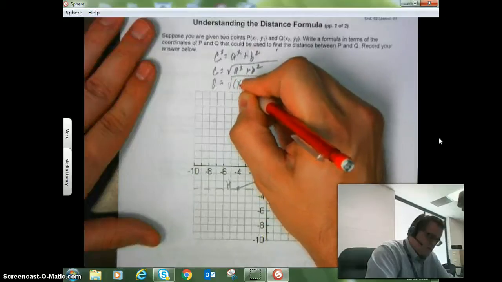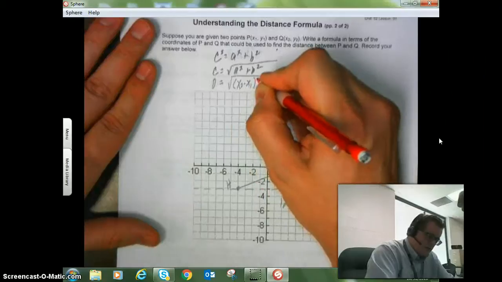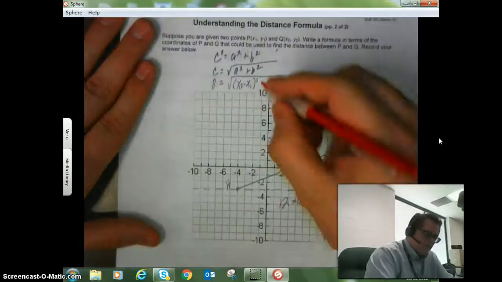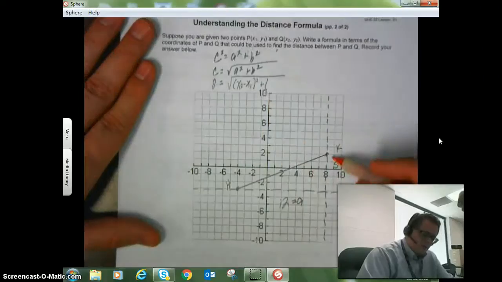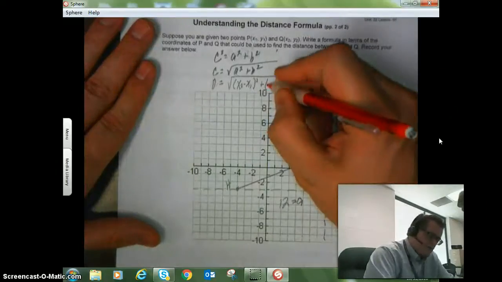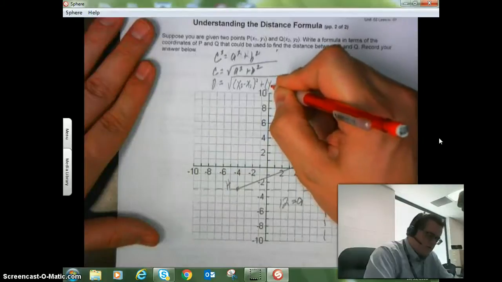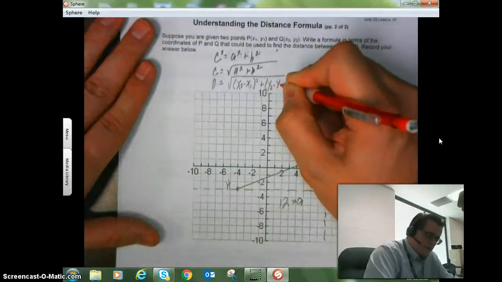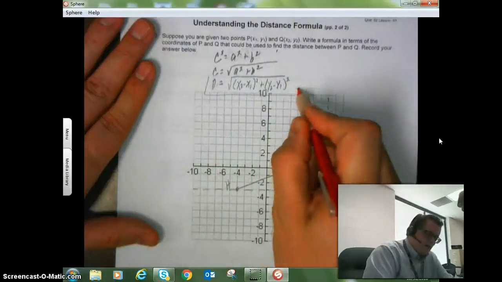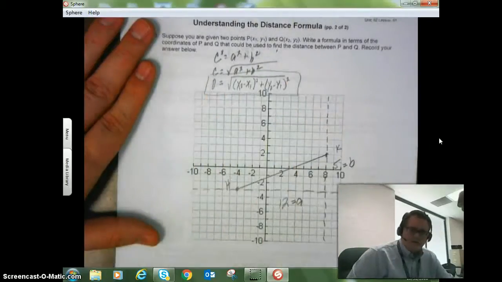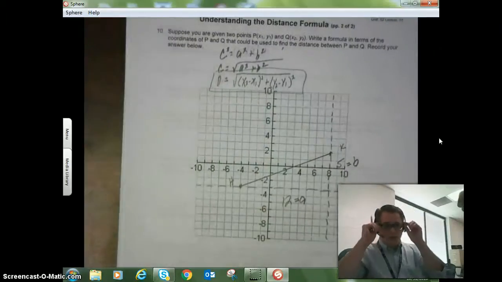So I'm going to say x2 minus x1 to show I'm taking the difference of it. Now the Pythagorean Theorem says whatever that value is squared. Now I'm going to do the difference of the y's. That is what we found for that 5 of the right triangle. So I'm going to take the difference of the two y values, and square that, and there is our distance formula. It's essentially just another way of writing the Pythagorean theorem.